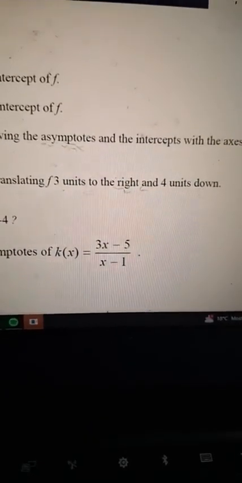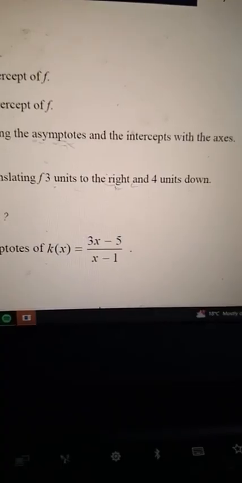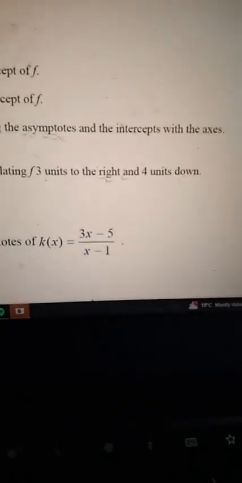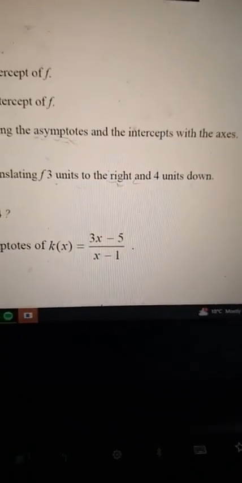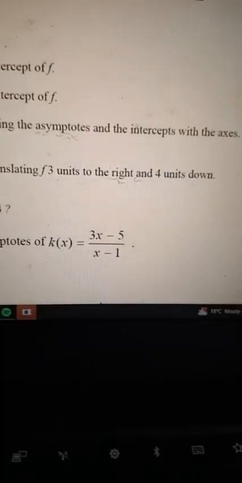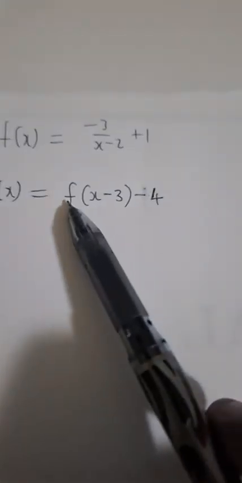So we talk about the counterintuitive nature of the parameter p. In our grade 11 syllabus, the p-value speaks to movement of the graph left and right. If we are saying to the right, it means we are subtracting something. If we are saying to the left, it means we are adding something to our x value. That's why here we say f of x minus 3.